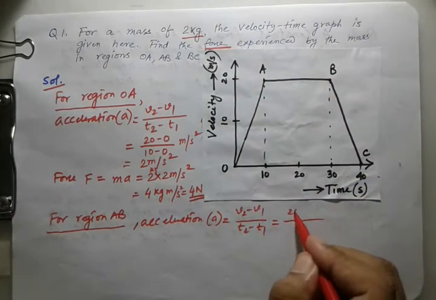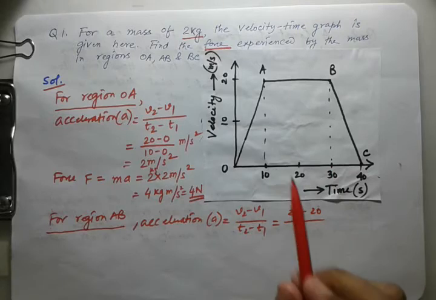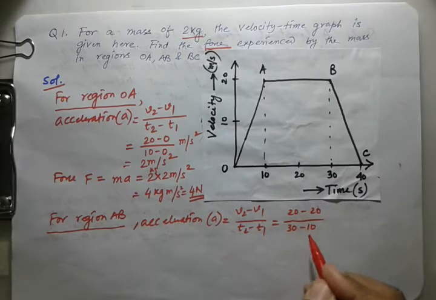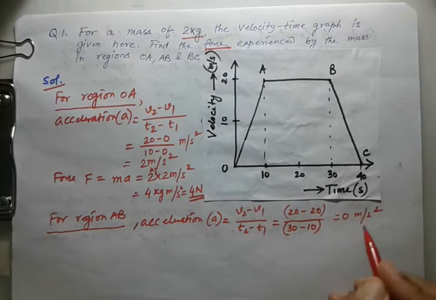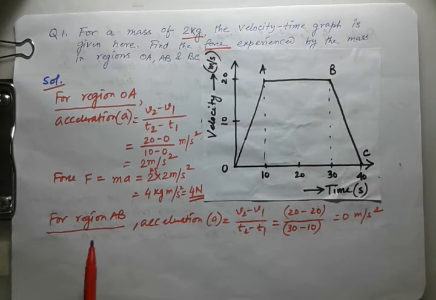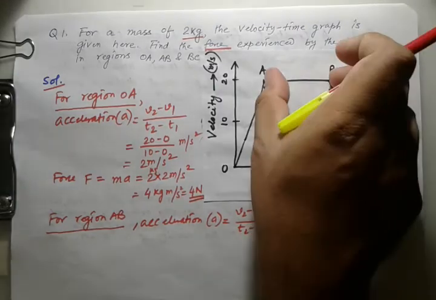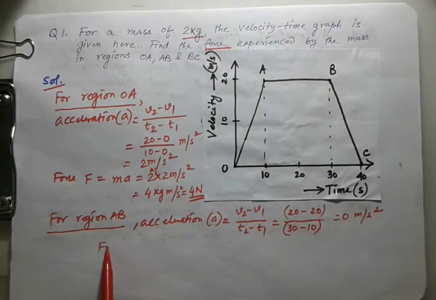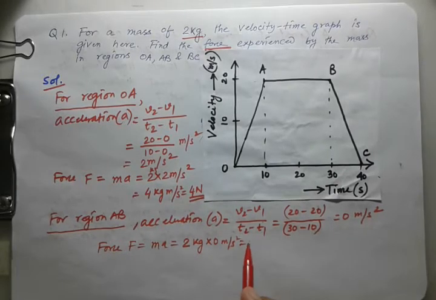So you can write 20 minus 20, and time has increased, 30 minus 10. So the total is 0 meter per second square. So force will be 0. Also you can say that as the velocity is constant between A and B, there is no acceleration. So force F is equal to m into a, which is 2 kg into 0 meter per second square, so 0 Newton. So that is your second answer.